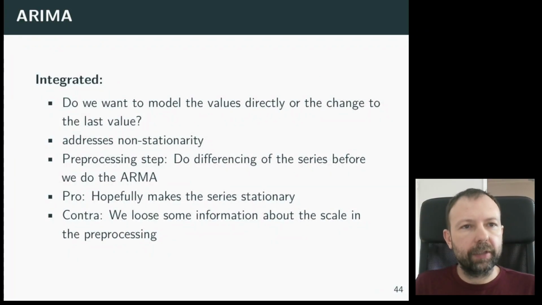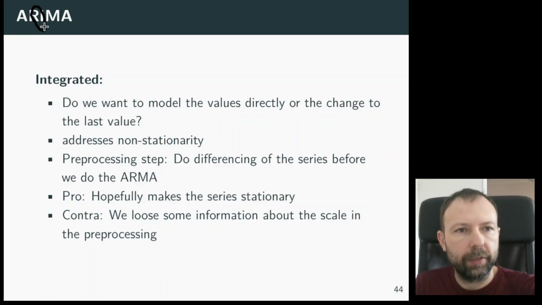Okay, so the next thing are ARIMA models. So we've seen what ARMA is, but now what is the ARIMA? The I stands for integrated, where the question is, do we want to model the values directly or the change to the last value?